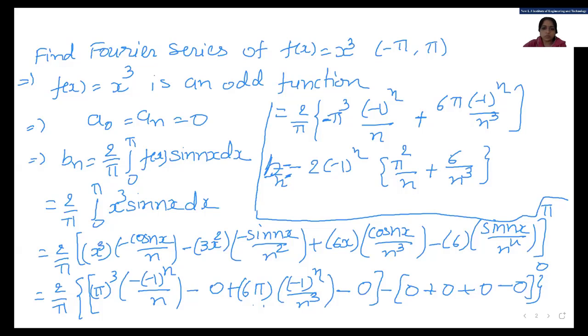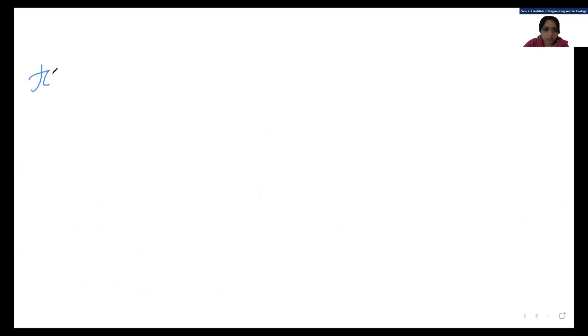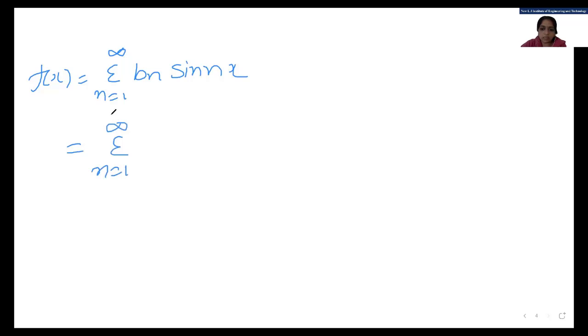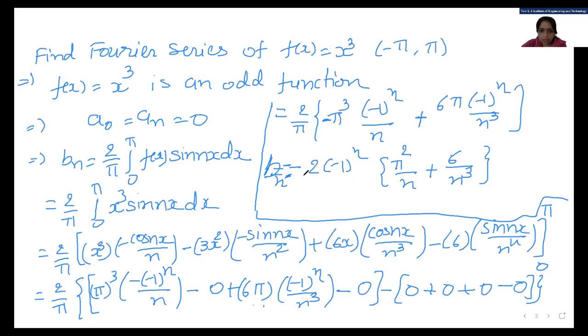So the series f of x is equal to summation n 1 to infinity bn sin nx, right? And the value of bn is 2 here minus.